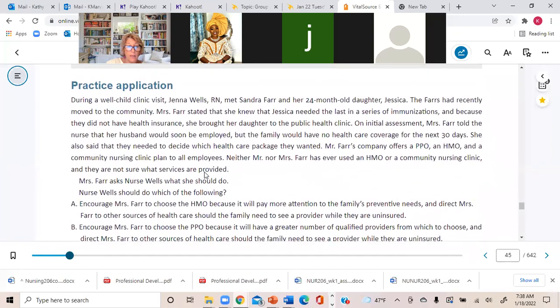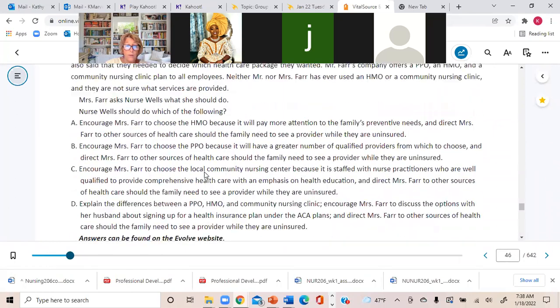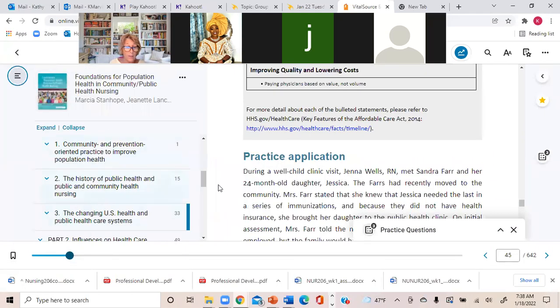Here's our practice application. Has anybody had a chance to do that? This is a good one. Do your practice application. I've already sent you the answers with the rationales. I've already sent you your practice application and case studies for all of these chapters. So that's chapter 3.